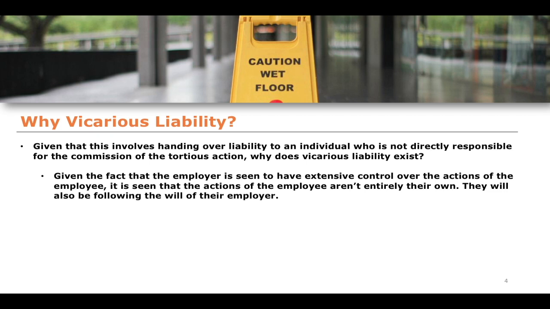They will be following the will as well as the direction and, in some circumstances, the direct command of their employer. So if an employer directs and commands one of their employees to perform a certain action or to do something that gives rise to tortious liability and essentially causing some kind of damage or harm to a third-party claimant, then really should it be the case that the employer suffers from no liability in tort because they could just argue, well, it wasn't me who did this, it was my employee who did this?